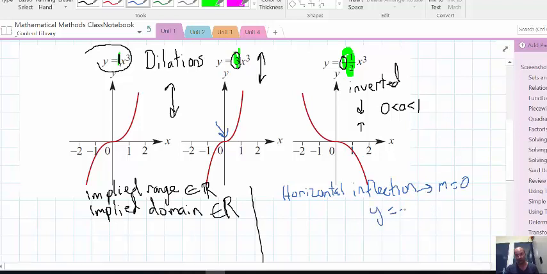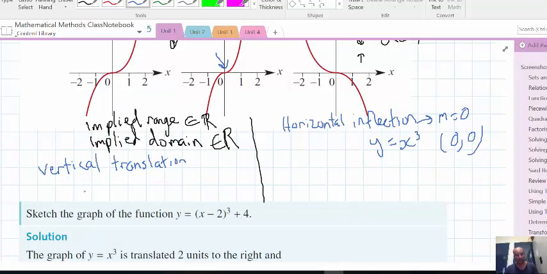For your base function y = x³, which is essentially the graph on the left, it'll have the point of inflection at the origin. So it's like an instantaneous flat spot.